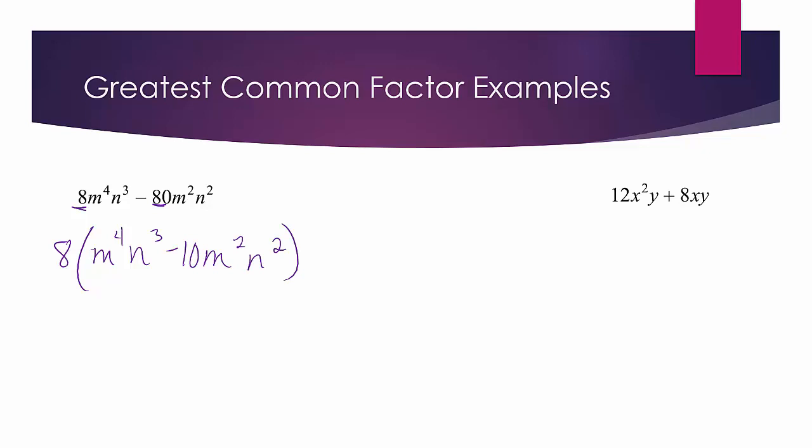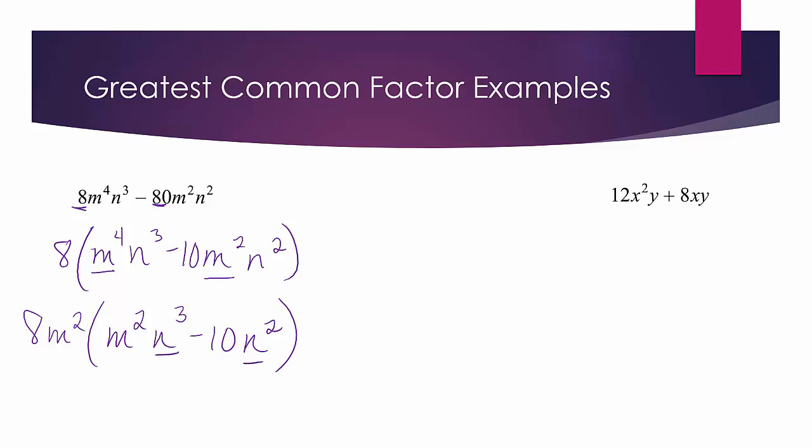Okay. So now we got a ton of common factors in here. We got our m's. So I'm going to pull out an m squared. So 8m squared times m squared n to the 3rd minus 10 n squared. Now we have the n's that we got to take care of.